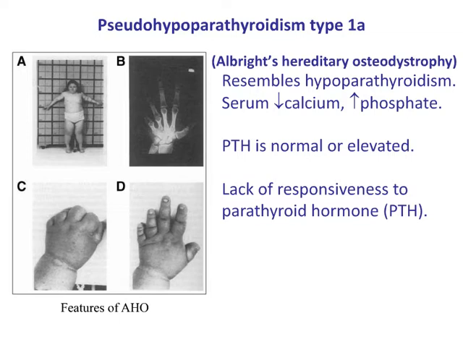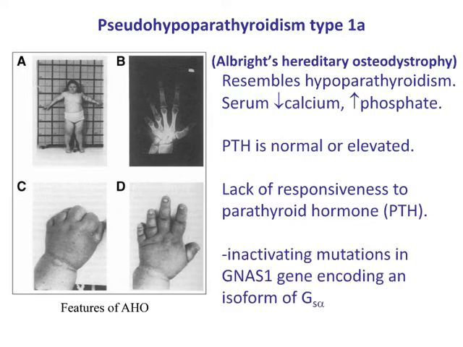This is an analogous mechanism to generalized thyroid hormone resistance and androgen resistance discussed in the nuclear hormone receptor learning modules, except that the parathyroid hormone receptor functions correctly. The defect is due to a mutation in the GNAS1 gene that encodes the alpha S subunit.